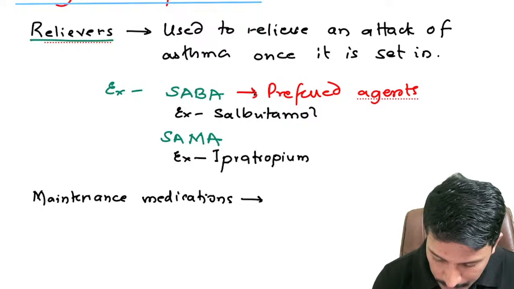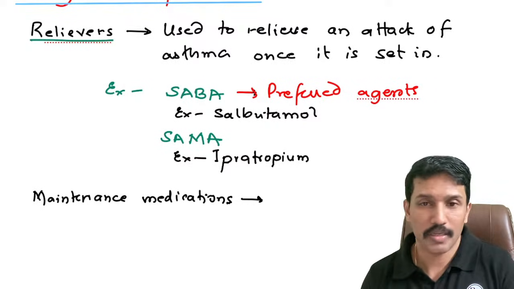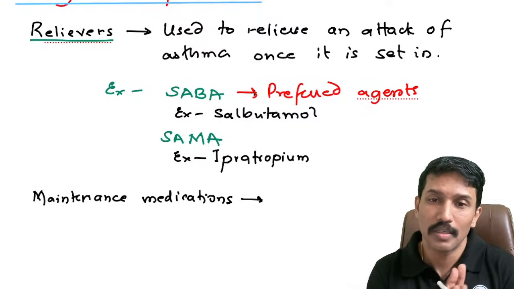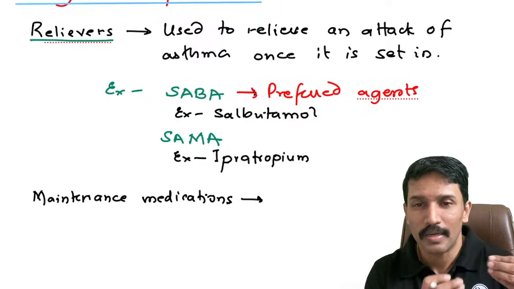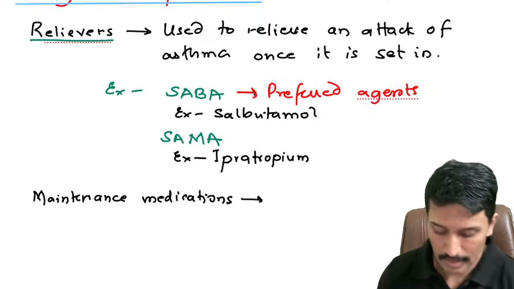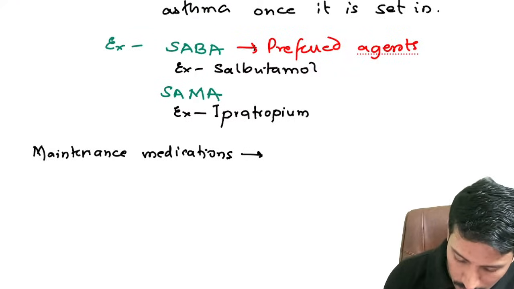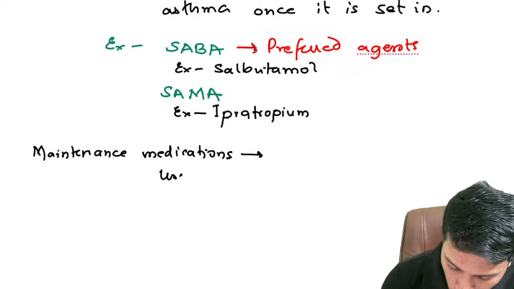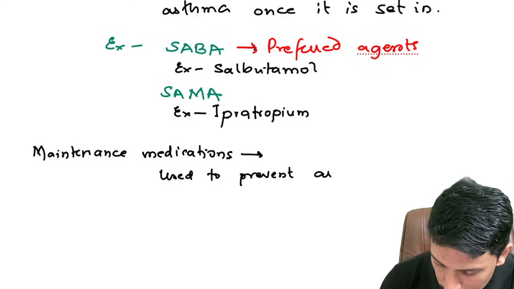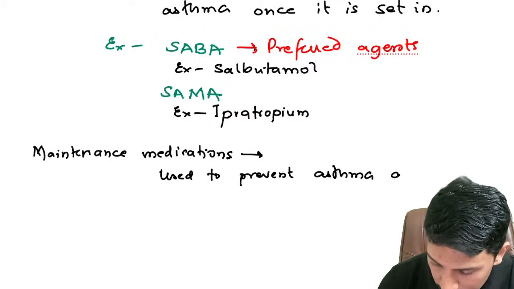For maintenance, we will use long-acting beta agonist or long-acting antimuscarinic agents, but it should also be combined with steroids because it is the TH2 or TH17 which is initiating all the inflammatory cascade. So these are medications used to prevent asthma attacks.